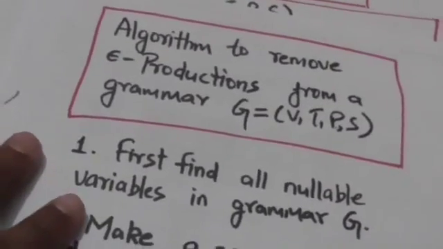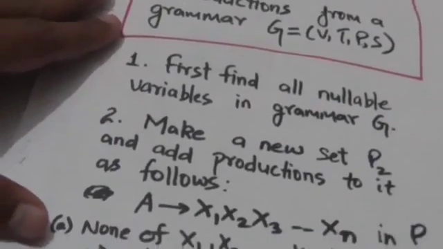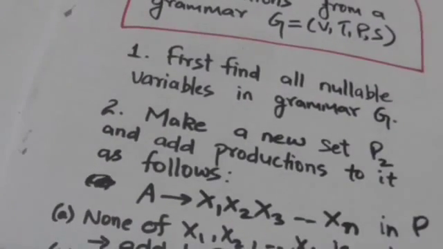What we have to do to remove empty productions from a given grammar G? First of all, we will find all nullable variables in grammar G. Now how can we find nullable variables? This we have studied in the previous tutorial.